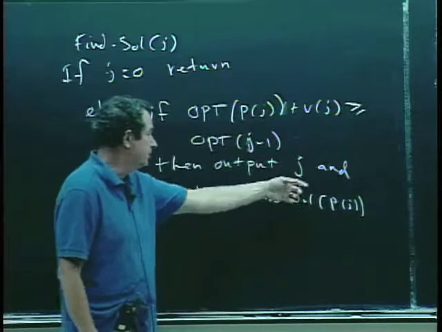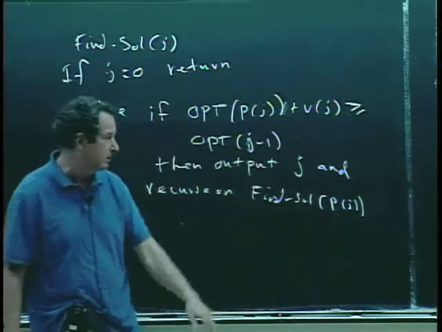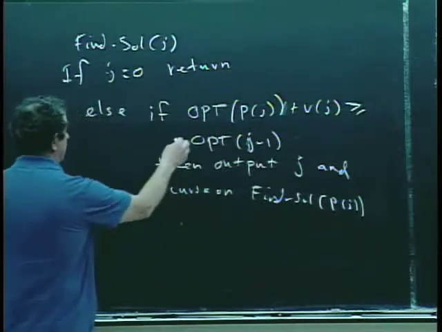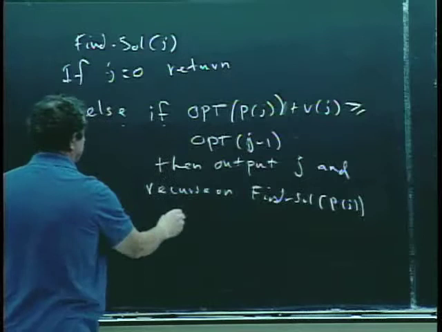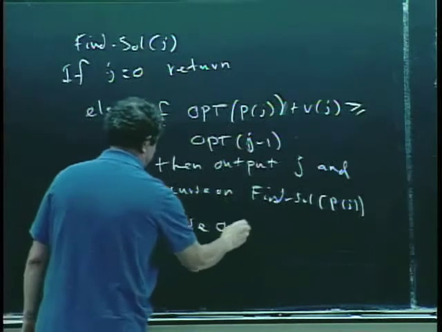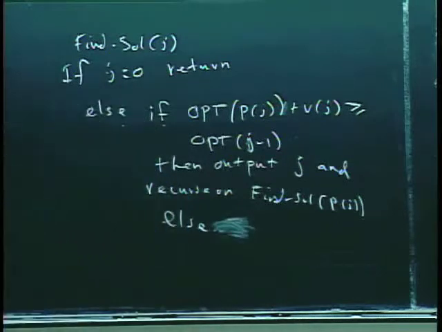You know that if you use j, you can't use any of the intervals past p_j to the left of j. Okay, else, here you just recurse. You don't know what to output yet.